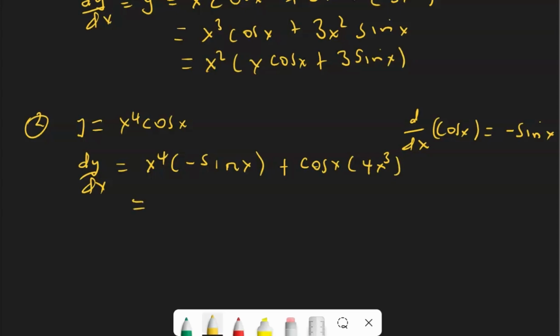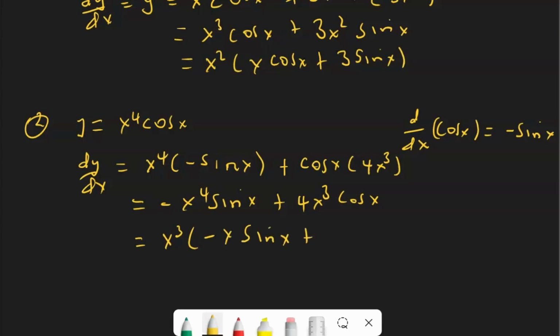Now simplifying this, I have minus x to the 4 sine x plus 4x cube cos x, and we can factorize x cube out, so we have x cube, bracket open, minus x sine x plus 4 cos x, as our final result.